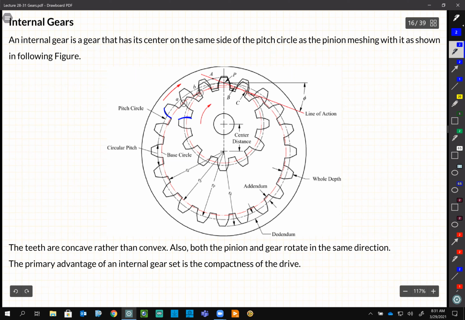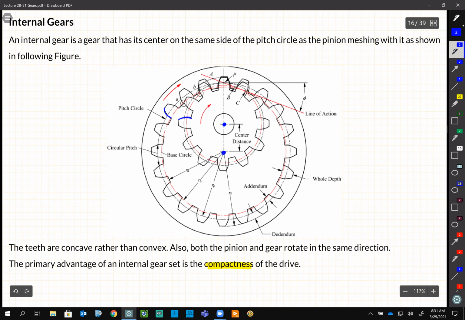Manufacturing them is more difficult. The only reason is because they are compact. Like imagine the same gears. Right now, my inner shaft is here and the outer shaft is here.